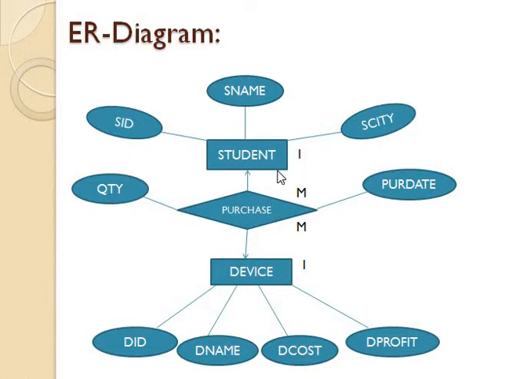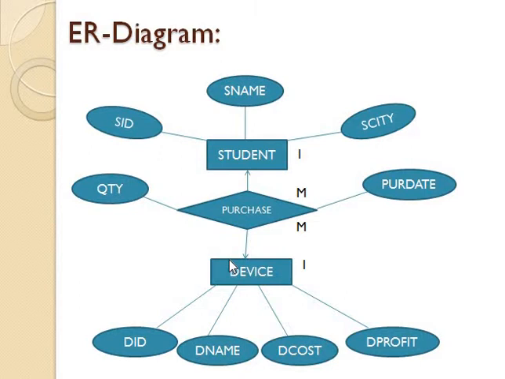Now, what do you think can be the relationship between the entity student and device? Since a particular student can purchase many devices, as well as a particular device can be purchased by many students, the relationship between the entities student and device is many to many, or M:M.